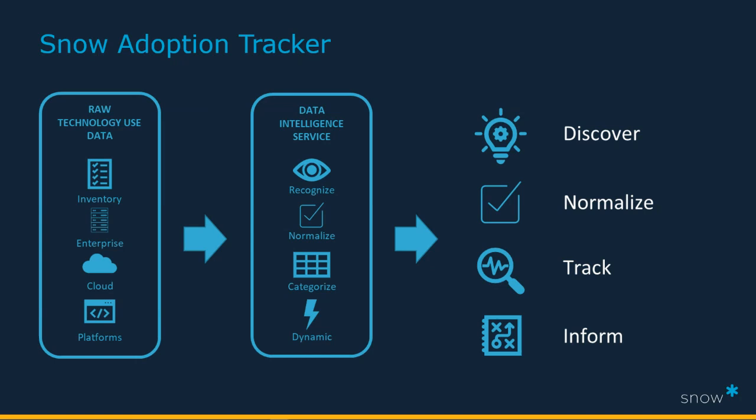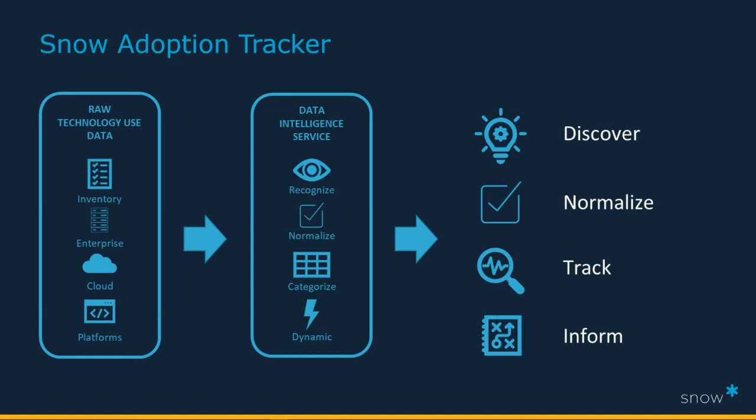And we do that by using a hybrid of agent and/or third-party inventory sources. So adoption tracker consumes the raw inventory data from those sources within your organization, and that includes laptops, desktops, mobile, servers, and cloud assets. Now, once we've collected the raw data, it's normalized using our data intelligence service.